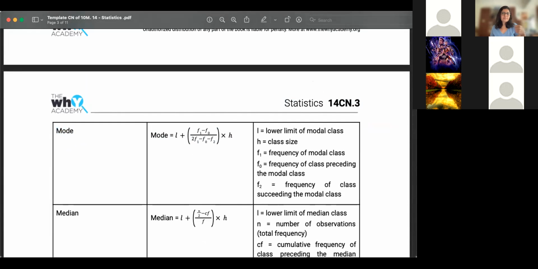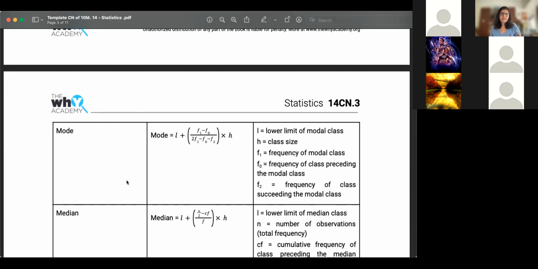First of all, conceptually, mode we've already seen. Wherever is the maximum frequency, like whichever specific observation has maximum frequency, that is the mode. But now if I have a continuous, grouped distribution here, then how can I get the modal value?